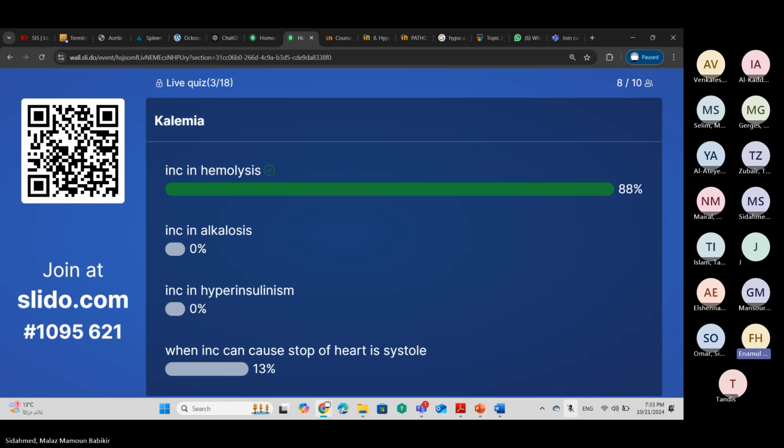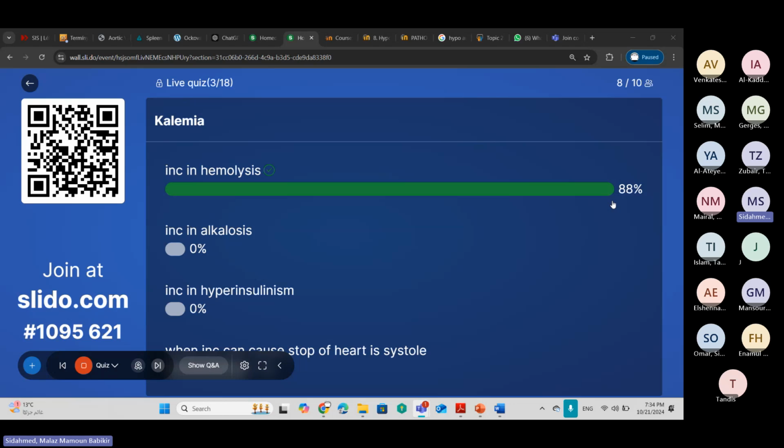So in fact it will cause hypokalemia, not hyperkalemia, because most of the K plus will be going into the cells when there's insulin. As for the last one, it's not stop of heart in systole, it's stop of heart in diastole. So it's just simple, straightforward facts. If this is clear, we can move on to the next question.